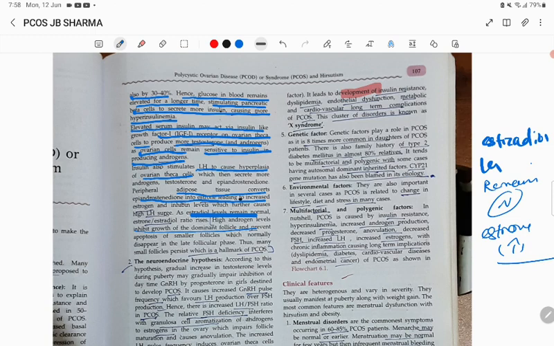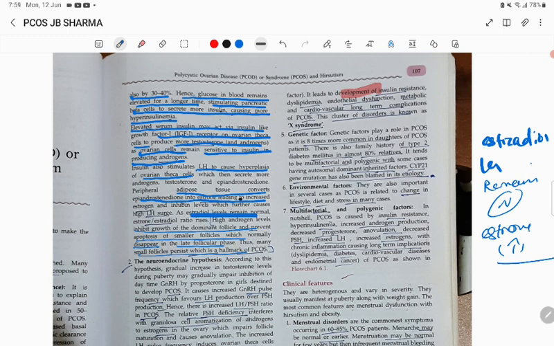Remember, when there is excess androgen, it inhibits dominant follicle growth and prevents the apoptosis of smaller follicles, which normally disappear in the late follicular phase. That's why many small atretic follicles persist, which is the hallmark of PCOS.